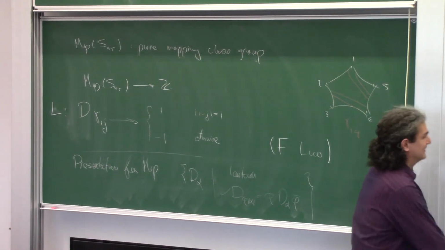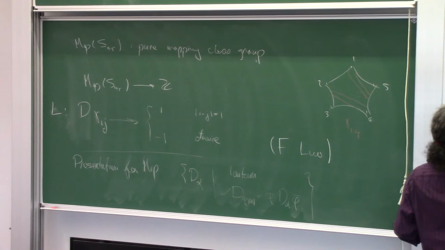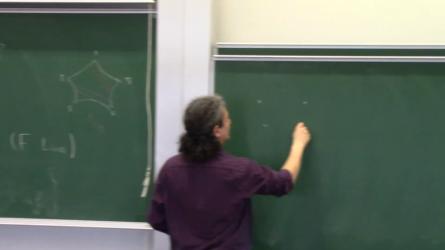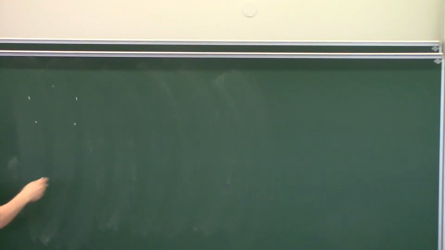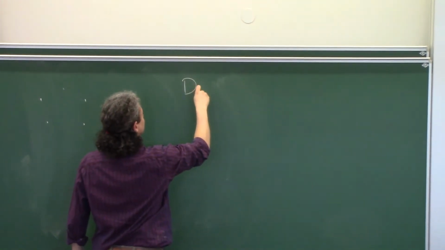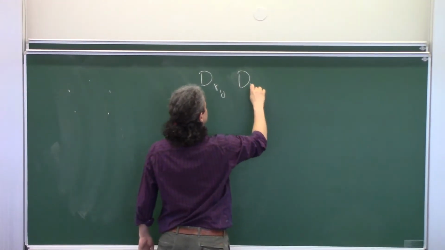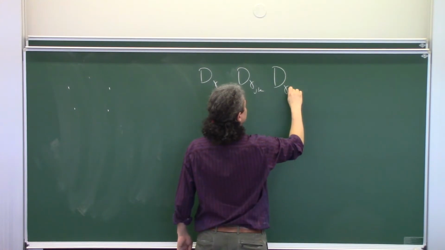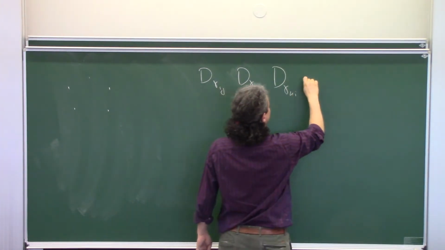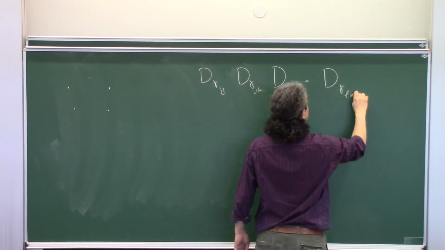So, yeah, let's check the lantern relation. So 1, 2, 3, 4, 5. What are the possibilities? The lantern relation is something like this: B alpha, so B gamma ij, B gamma jk, B gamma ki is equal to B gamma lm.